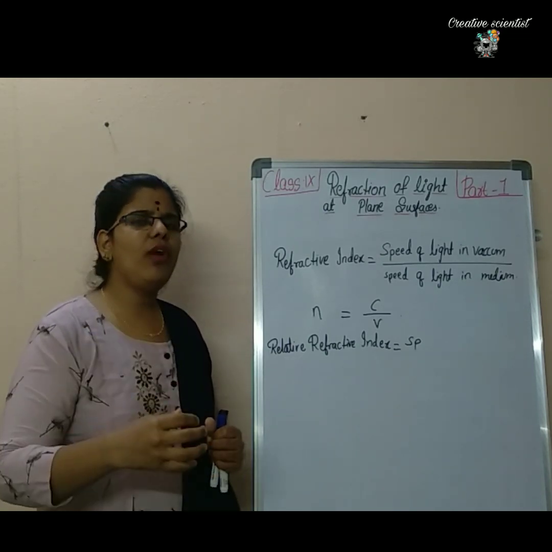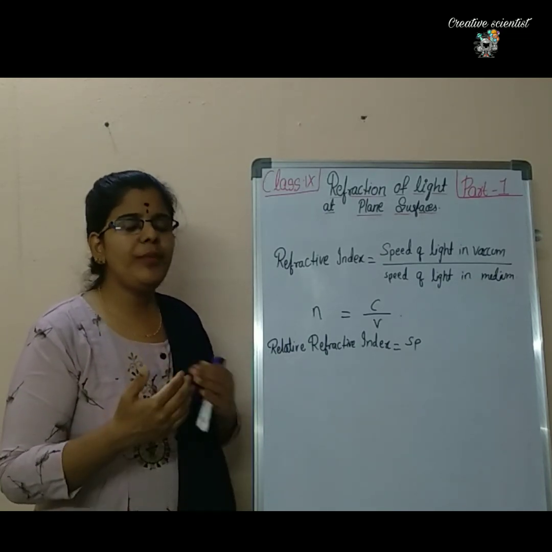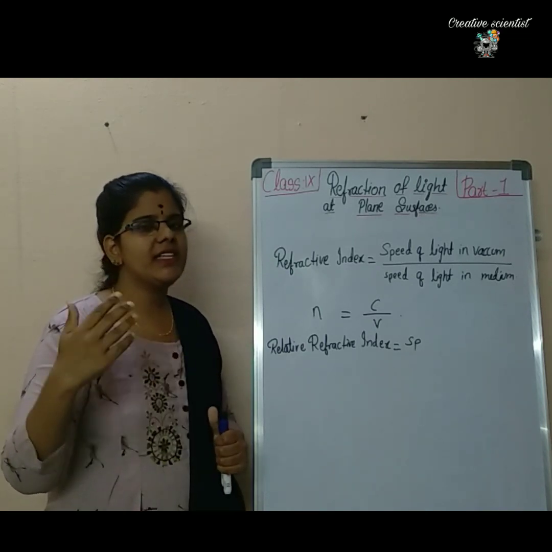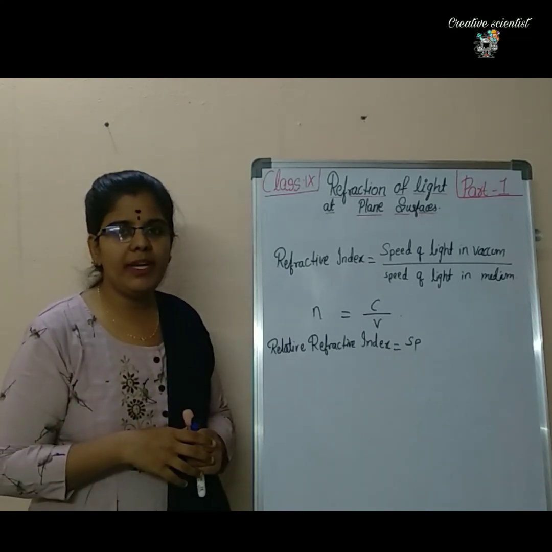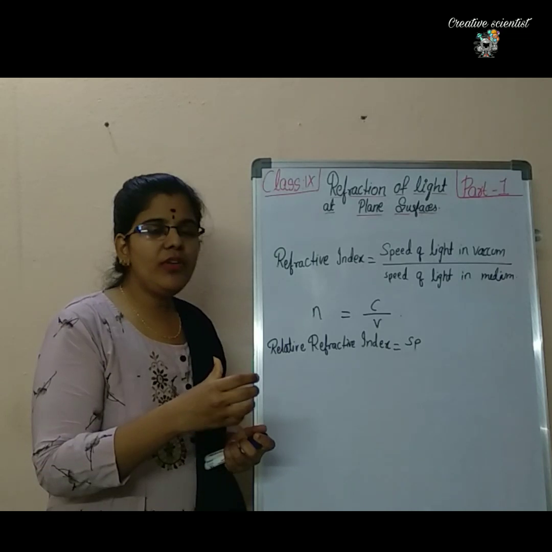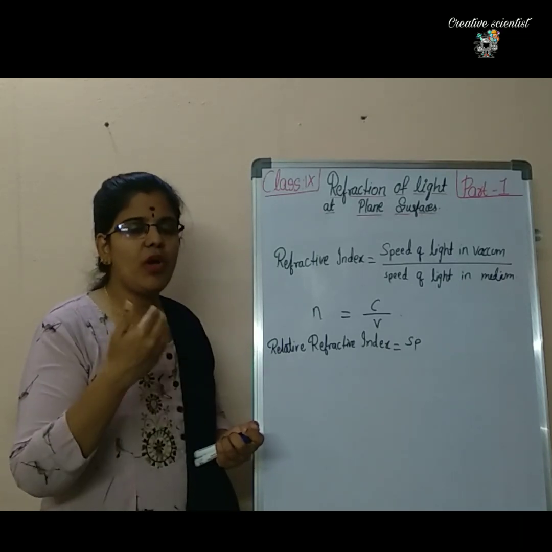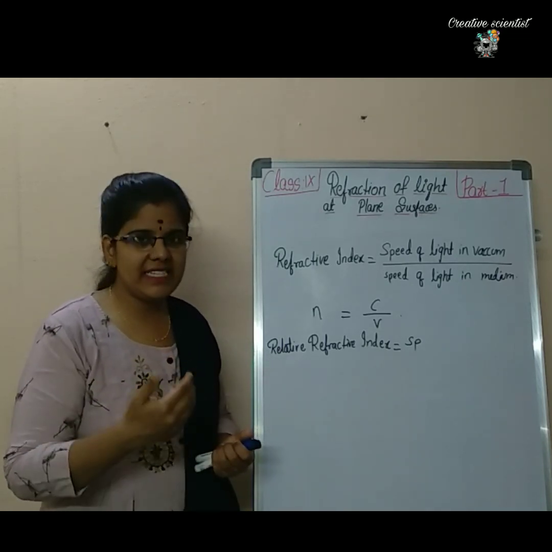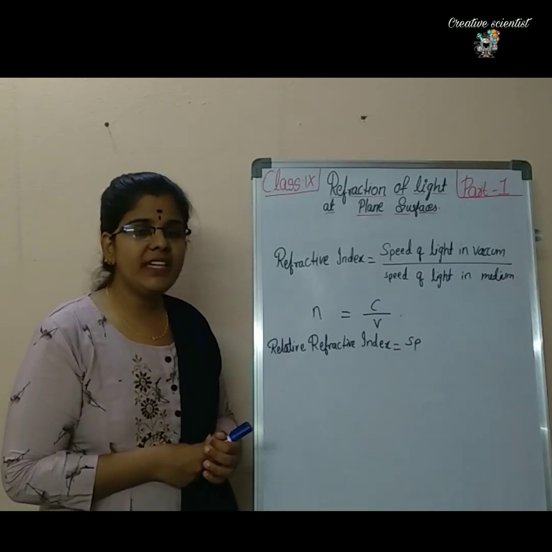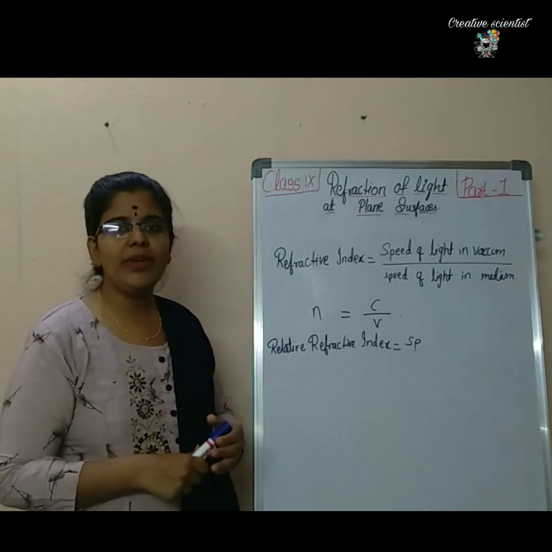Now if you want to compare within two mediums, as till now we have taken the example of air medium and water medium, and see how much the speed of the light is changing between the two mediums, then you will be measuring with the relative refractive index.